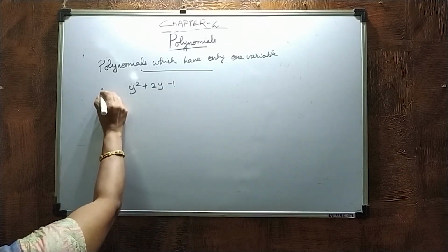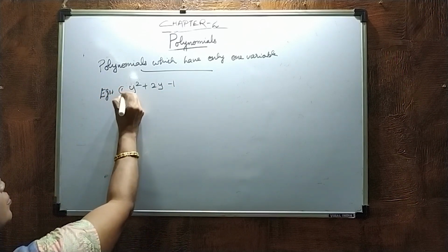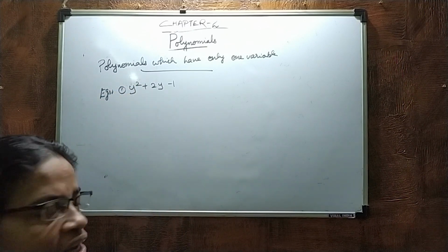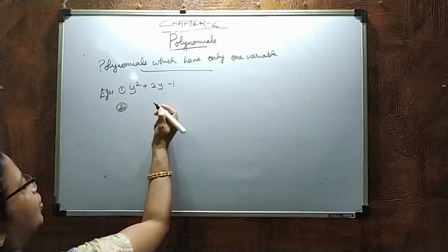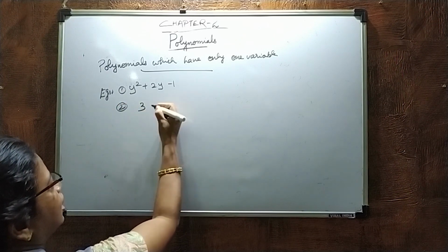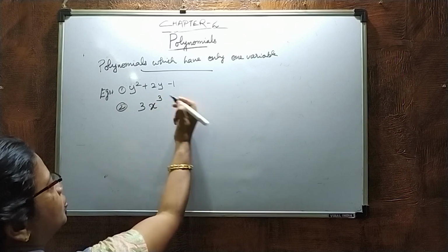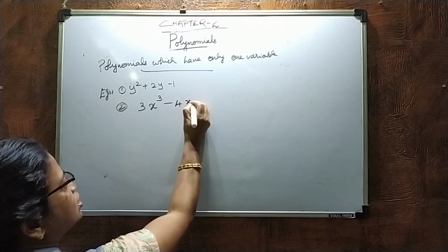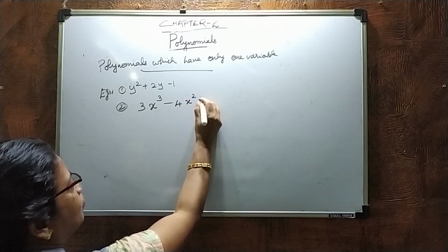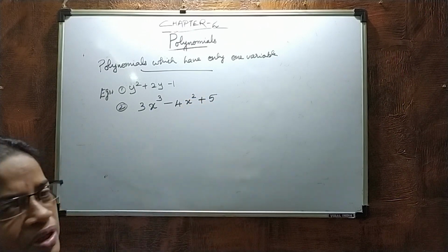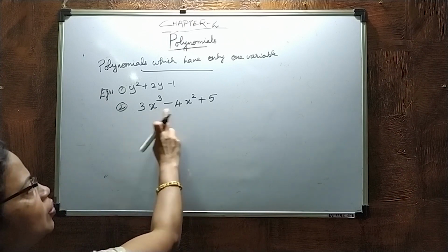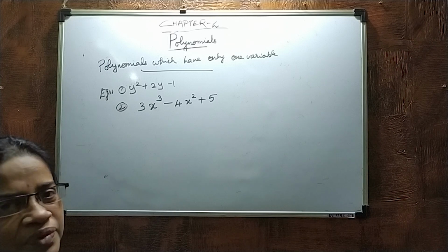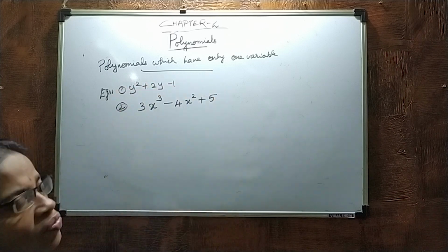These are the examples we can write. Okay, y square, only y is there. Clear? Now the second one, if you write it as 3x cube minus 4x square plus 5. Just look now, which are the variables? Alphabets, only x is there. So these are polynomials which have only one variable.